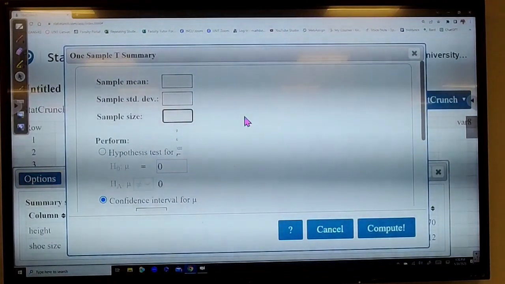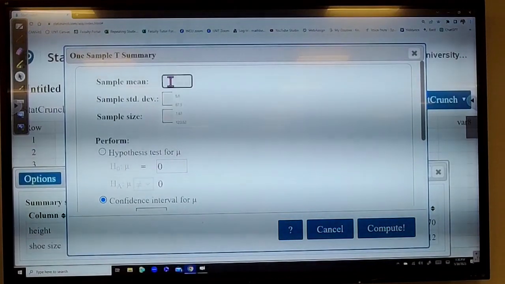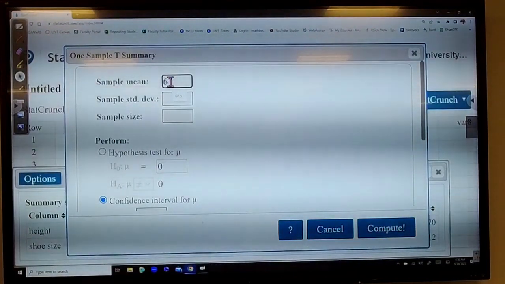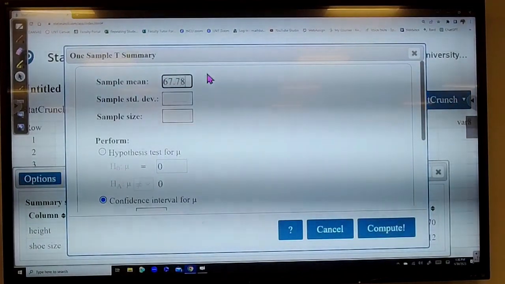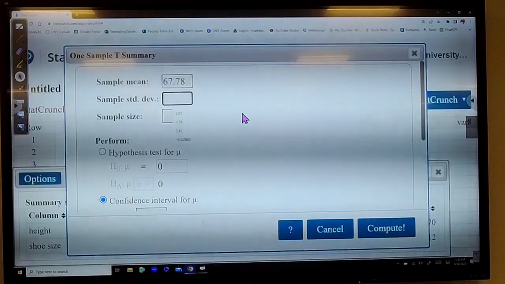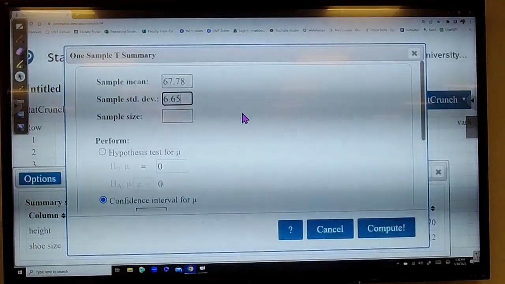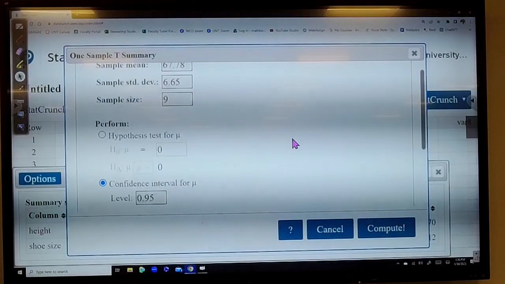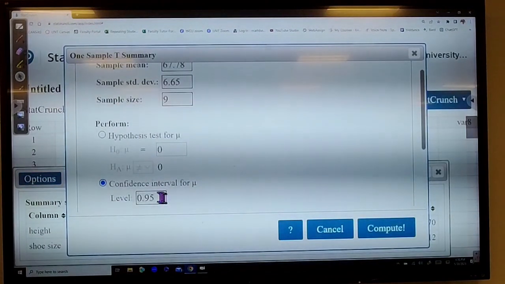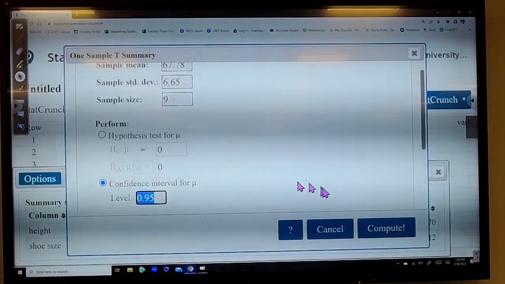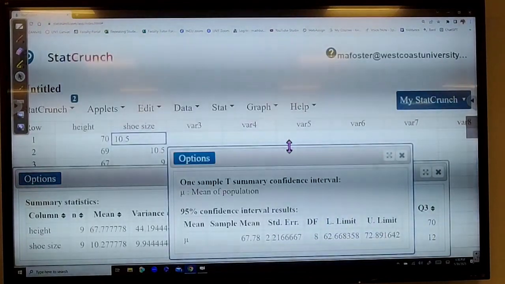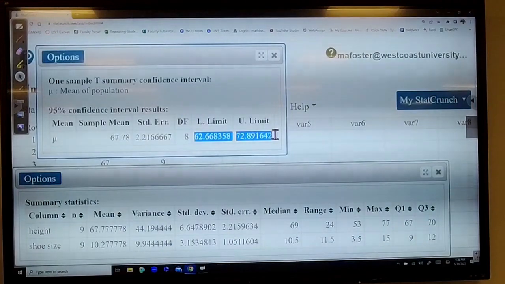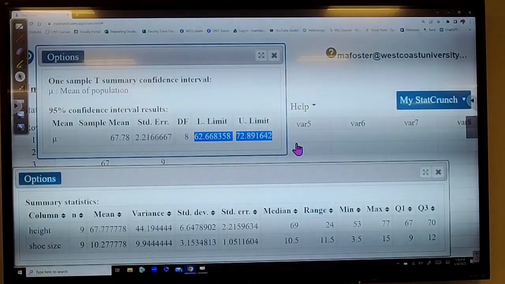So the first one that we're supposed to do is for the height. The sample height that I had was 67.78 with a standard deviation of 6.65. The sample size is 9. I have it selected on confidence interval with my same confidence level, and I click compute, and it's going to give me that lower and upper limit.